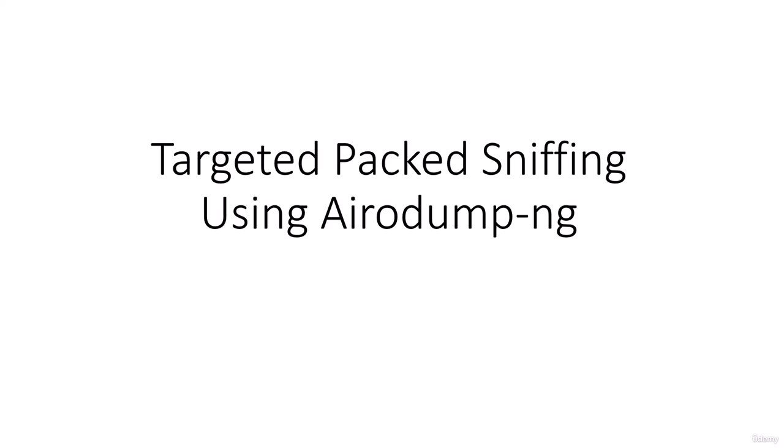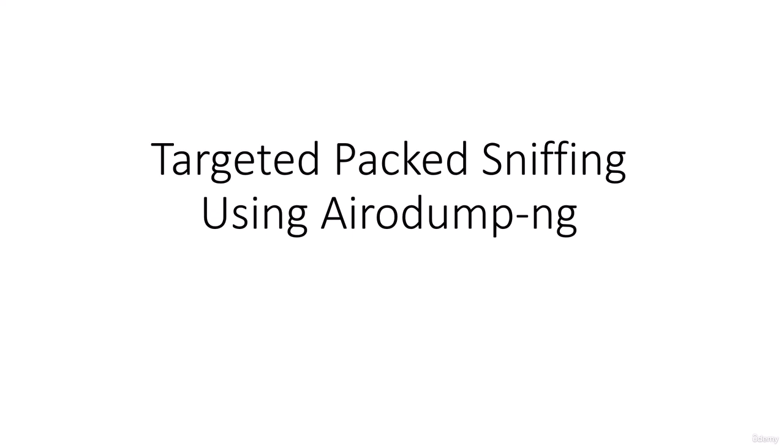Now we will see a certain network that we want to target, or a number of networks that we want to target. Once we have our target selected, it's more useful to run Airodump-ng on that network.